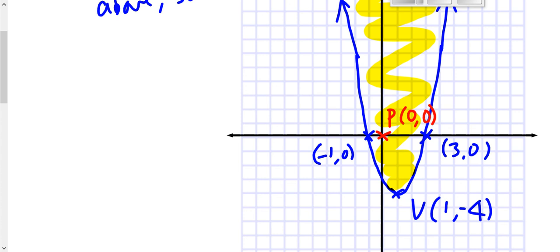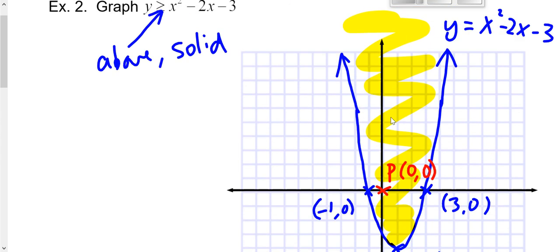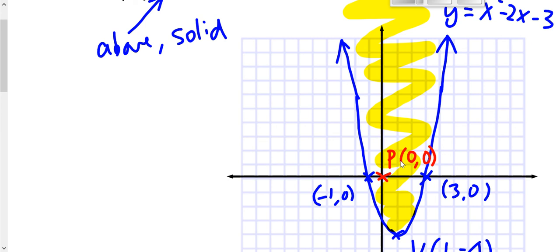And for your test, exam, whatever, if you're not sure whether you did something right, you might want to do a test point. That's why for the second question in a row, we pick a test point. If you shade it wrong, the answer would tell you that. In this case, we shaded the region above or inside, so our answer should work.